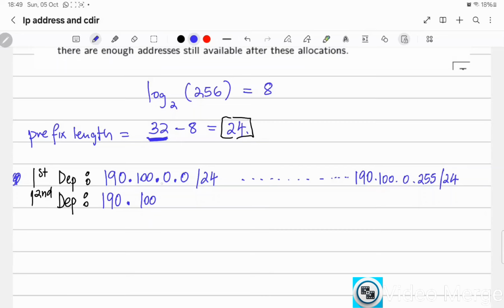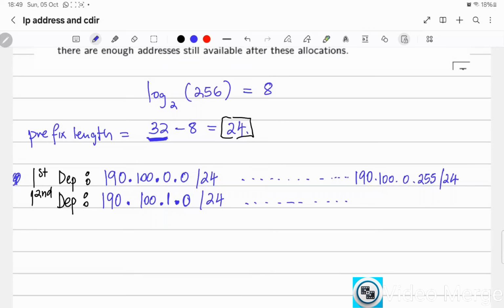For the second department, what are we doing here? We increment from this value, because this was our latest address. We're going to have 1 here, because we have already reached the maximum octet value, which is 255. We cannot go beyond 255, so we have 1 here, and then 0/24.